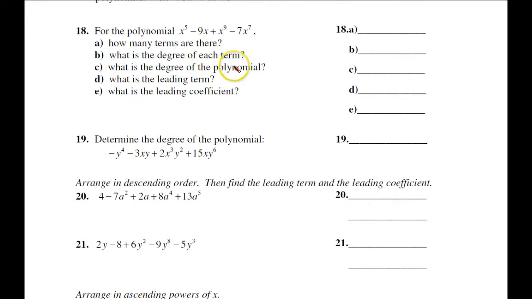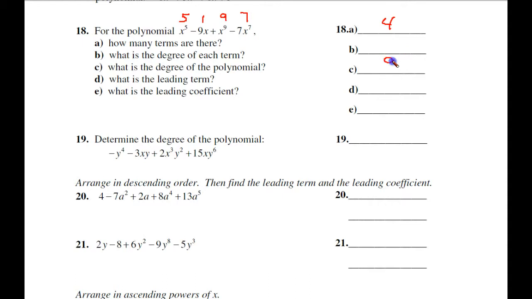Now, for this next one, for this polynomial, how many terms are there? Well, 1, 2, 3, 4. There are 4 terms. What is the degree of each term? Well, this one is 5. This is 1. This is 9. This is 7. What is the degree of the polynomial? Well, the highest degree is 9.